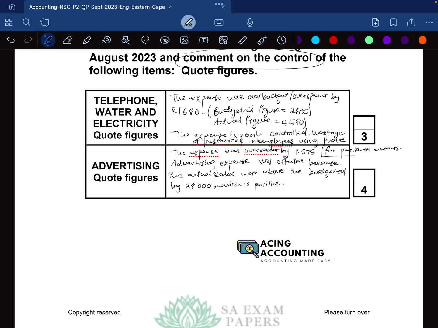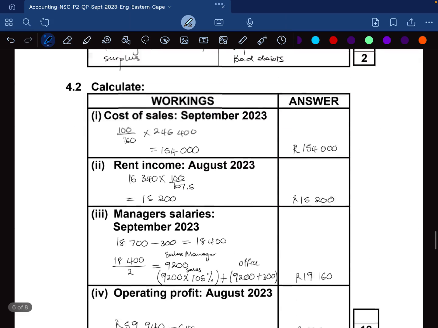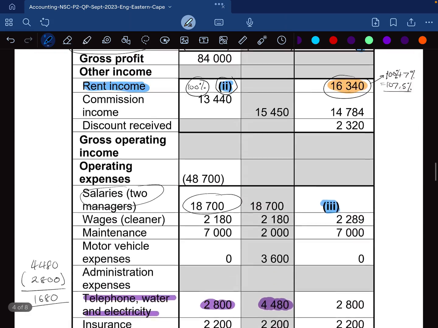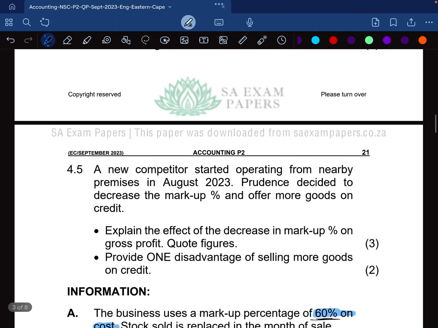Then we could either mention again that advertising increased sales, so advertising boosted the budgeted sales.